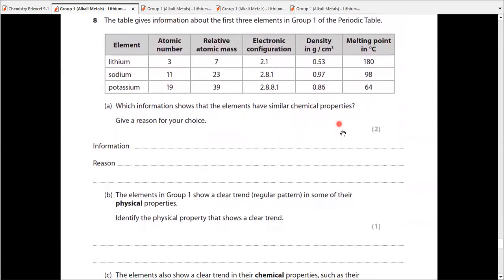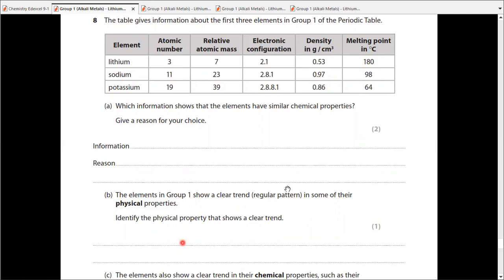Moving on. Question number 8. The table gives information about the first three elements in group one in the periodic table. Which of these shows the chemical properties? Similar chemical, not physical.